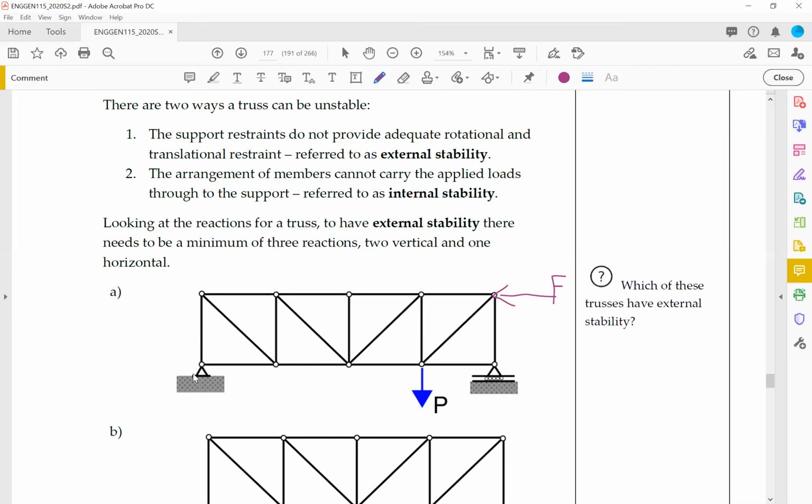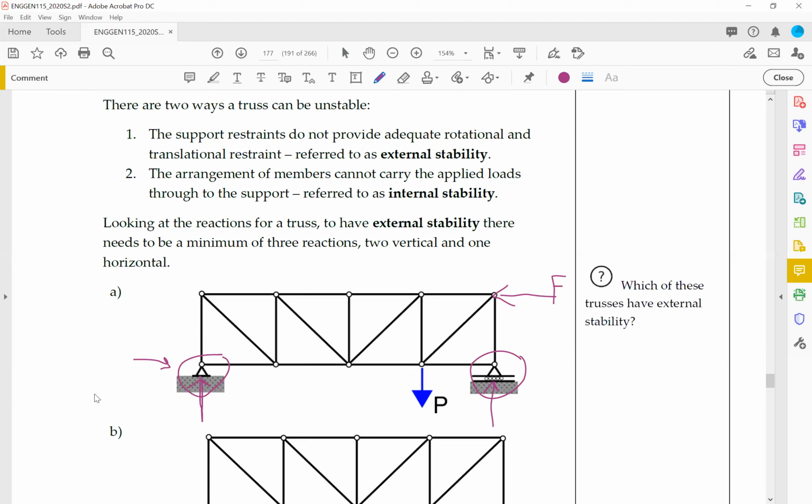The supports of this structure are this pin connection and this roller connection. As we know, a roller connection only has a vertical reaction, whereas a pin connection has a vertical reaction and a horizontal reaction.